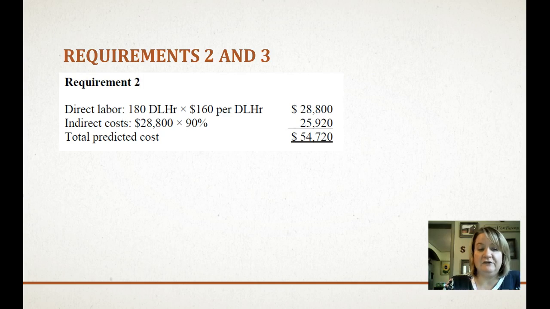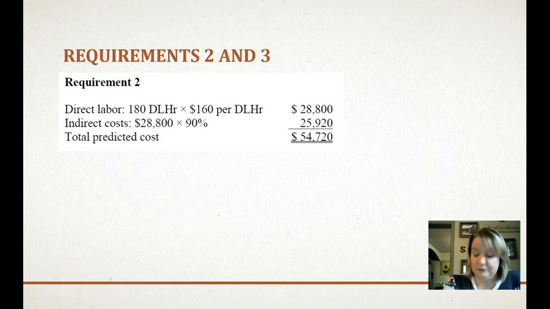It would take 180 direct labor hours, so at $160 per direct labor hour, it costs $28,800, and the indirect costs would be $28,800 times 90%, so that would be $25,920. So your total predicted cost for that job would be $54,720. That would be the predicted cost.